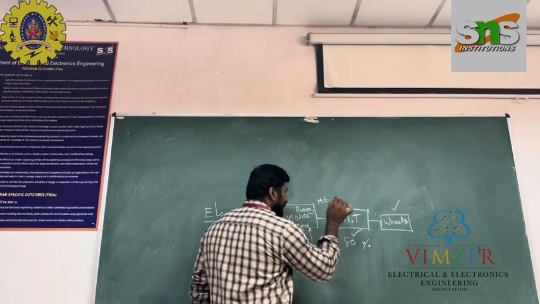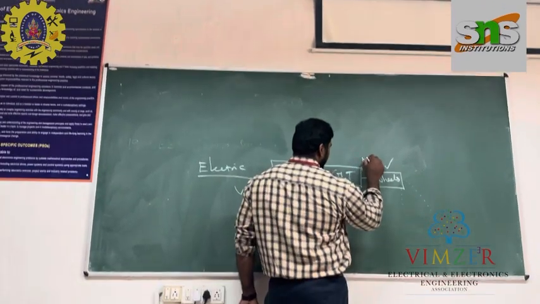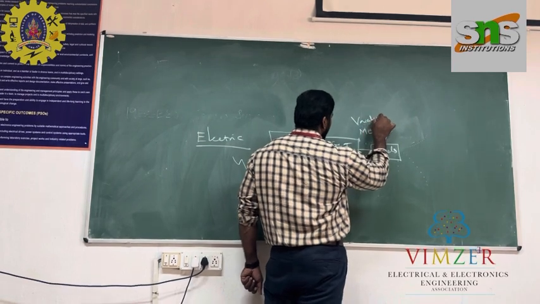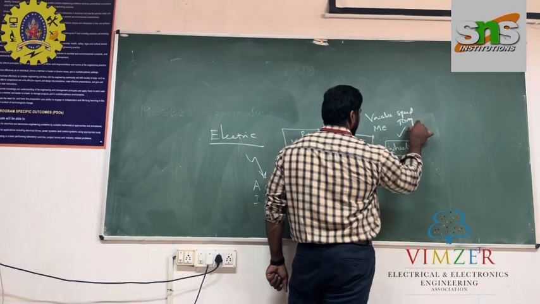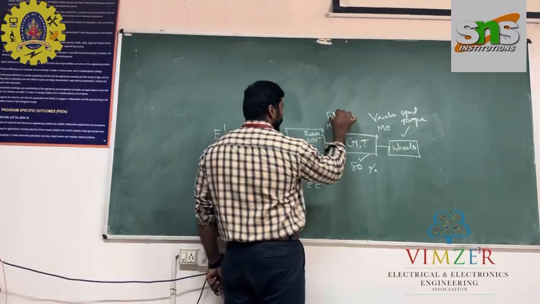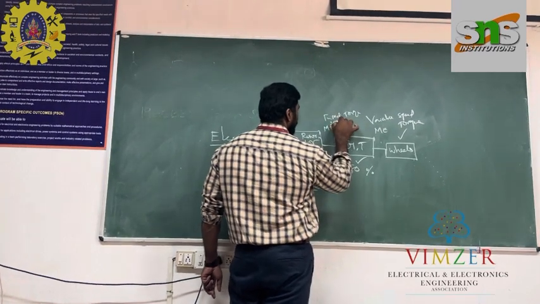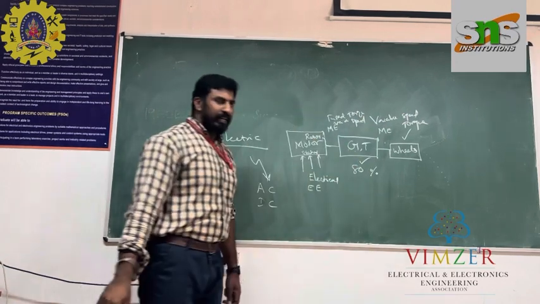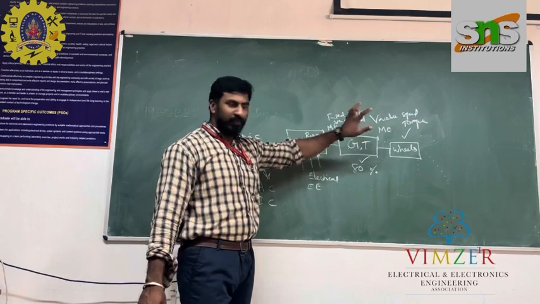This mechanical energy is given to the gearing transmission. Again, it will deliver mechanical energy with variable speed and torque. So the input of the gearing transmission is fixed torque and variable speed.